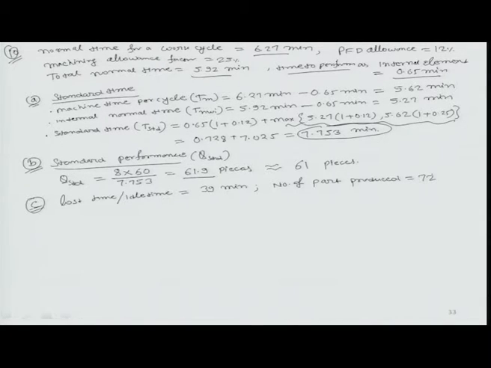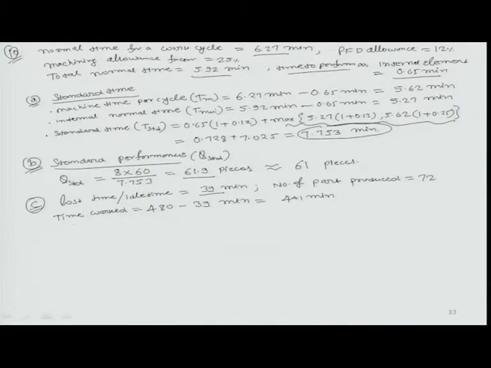Okay, we will have to calculate the worker's standard performance. First, we will have to calculate the exact time worked, because 39 minutes was the idle time. So, the standard time allotted is 8 hours; we multiply it by 60, then it will be 480 minutes minus 39 minutes, that is equal to 441 minutes.